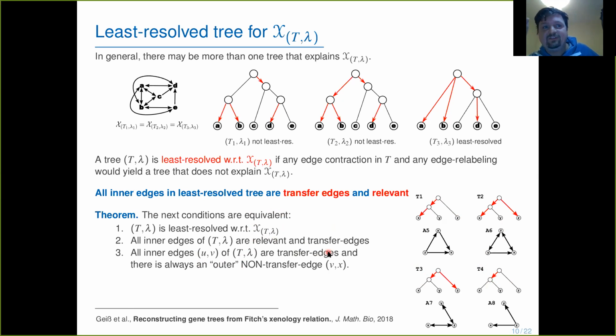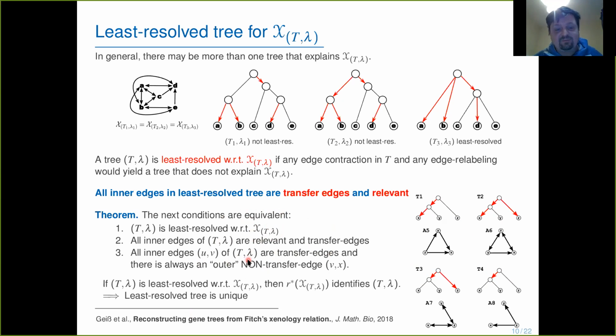So if you look at the least resolved tree, one can use the structural information of the least resolved tree and show that for each edge, there is a particular informative triple that distinguishes this edge.